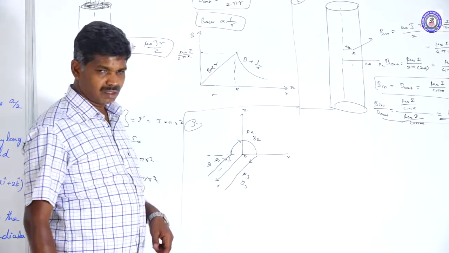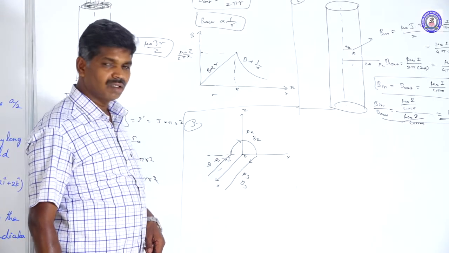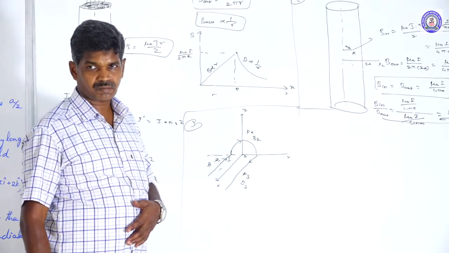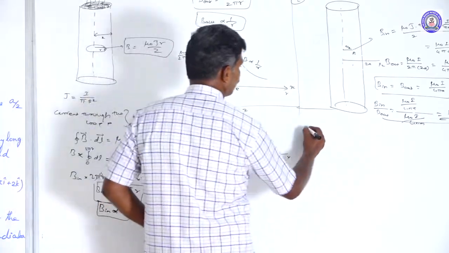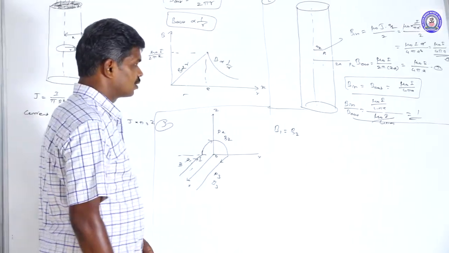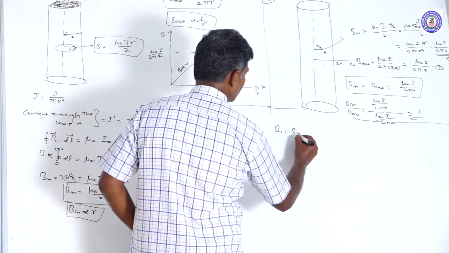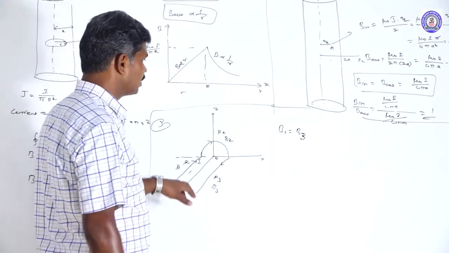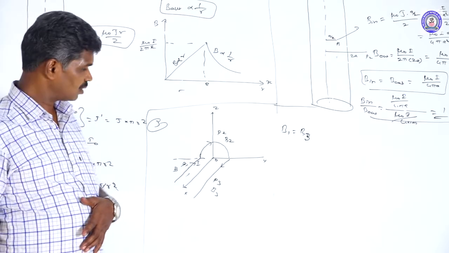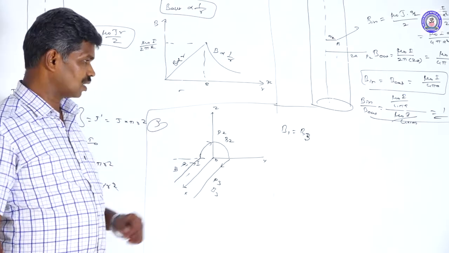B1 and B3 are due to infinitely long conductors at one end, so B1 equals B3 because both are infinitely long conductors at a distance r.